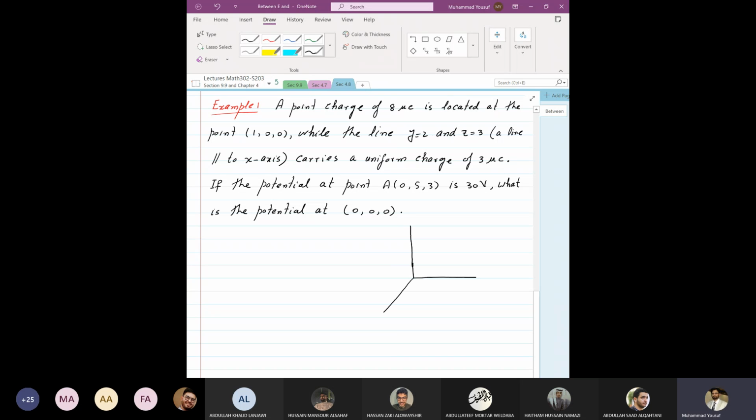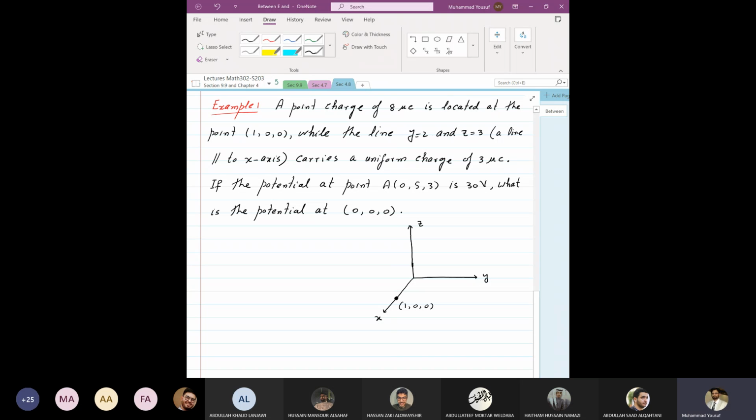This is much better. We use this as the x-axis. This is the y-axis, and here going above is the z-axis. And we have a point charge here, which is at (1, 0, 0). X is 1, y is 0, z is 0.